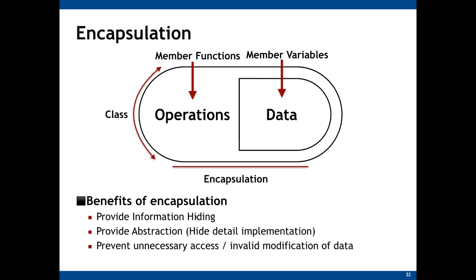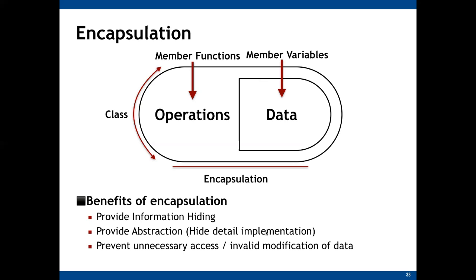The second benefit of using encapsulation is abstraction. Abstraction is a mechanism of exposing only the interface and hiding the implementation details from the programmers who use the class.